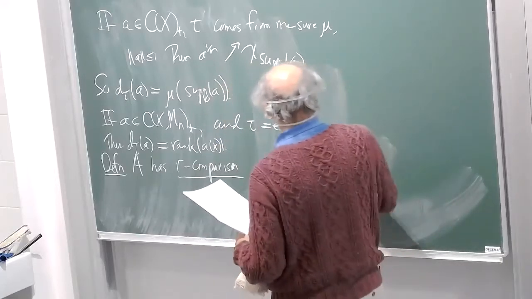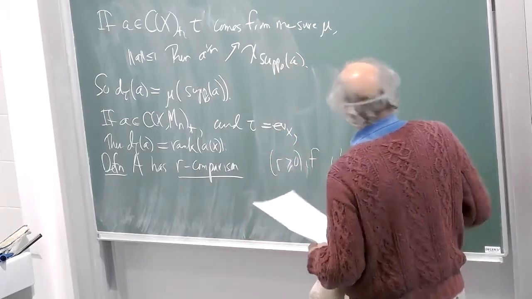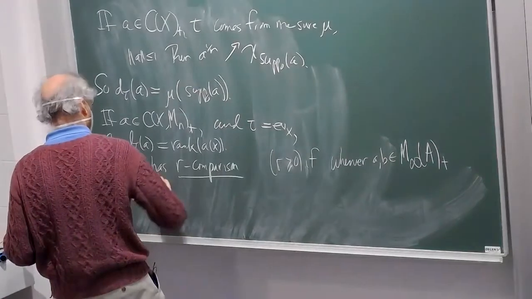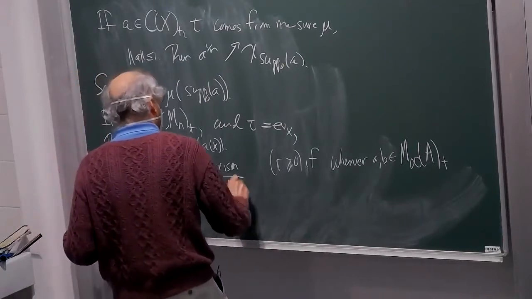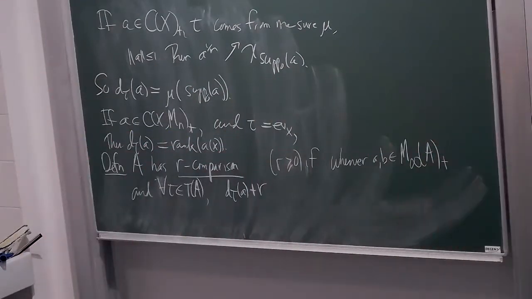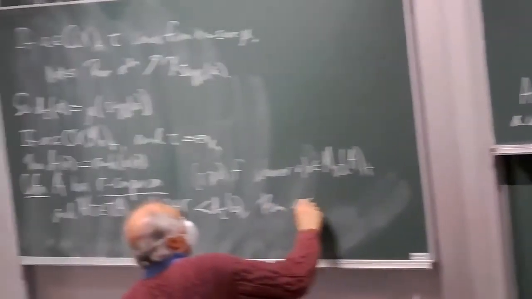If, whenever a, b are positive elements in the matrices, and for all tau in T(A), d tau of a plus r is less than d tau of b, then a is subequivalent to b. Here r plays the role of something related to rank.